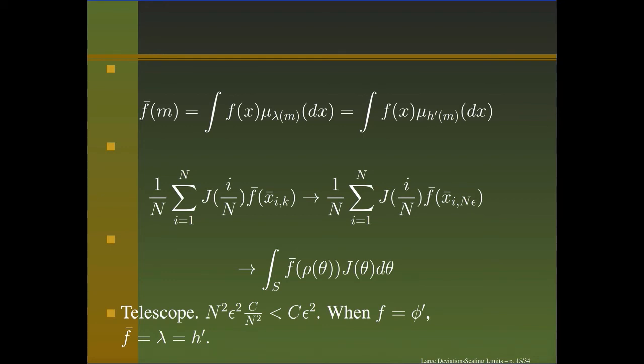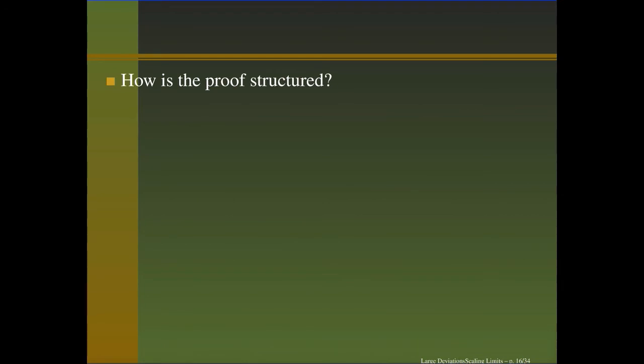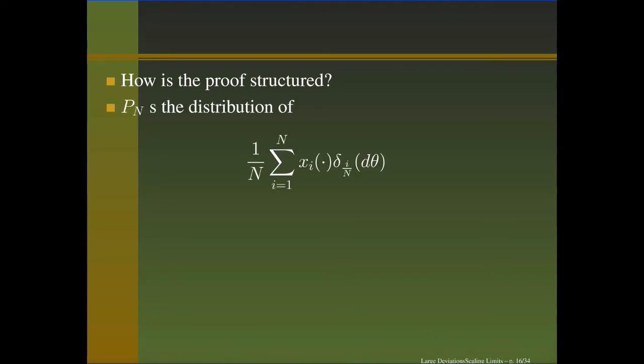Now, how do we actually structure the proof? So we start with a distribution of the stochastic process, which are measure valued functions of t, and the measures are measures in S, and it's just the distribution with mass xi of t at i over n at various points.